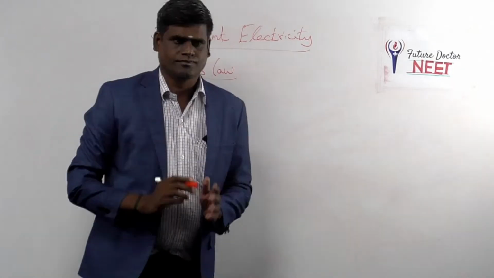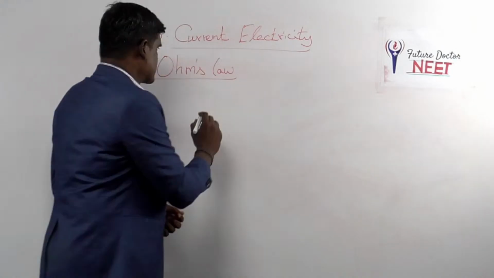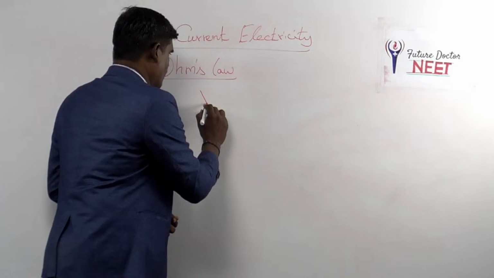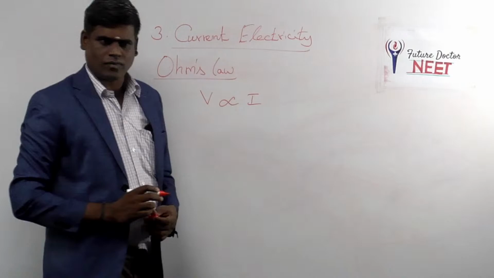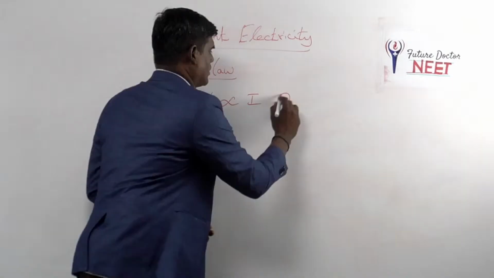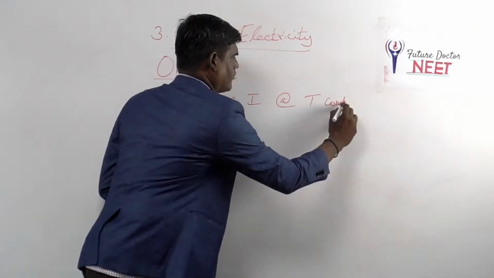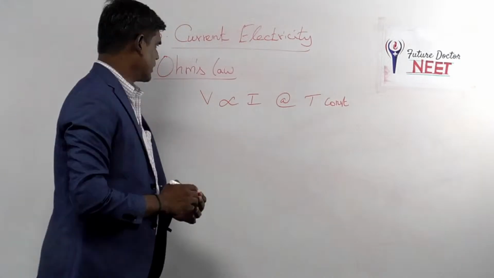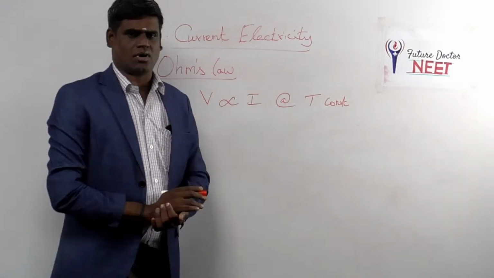Ohm's law states that V is proportional to I at constant temperature. When current increases, V, the potential difference, also increases. When current decreases, potential difference also decreases. That is Ohm's law. Ohm's law states that potential difference is directly proportional to the current flowing through a circuit at constant temperature. This is Ohm's law.